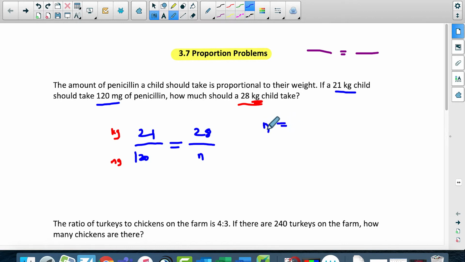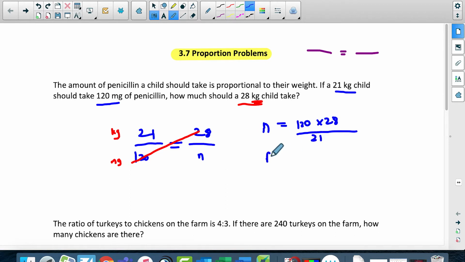So n equals, gosh, this is ugly. N equals, remember how to solve proportions now, you have to multiply on the diagonal. You're going to multiply the 120 and the 28. So 120 times 28 and then divided by the other number, which is 21.